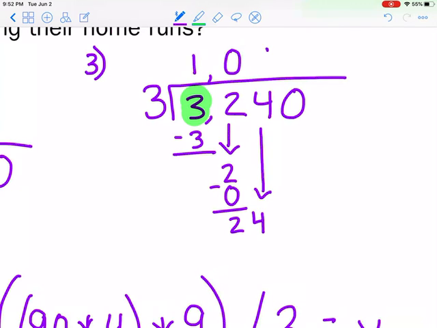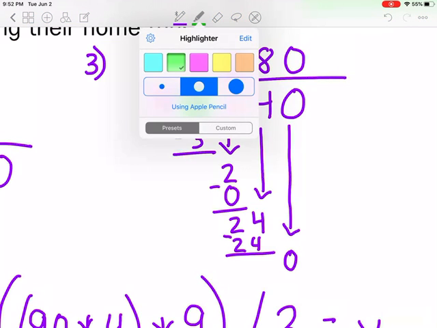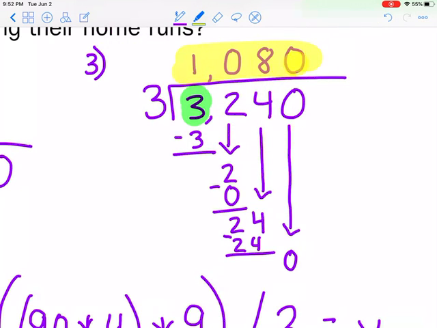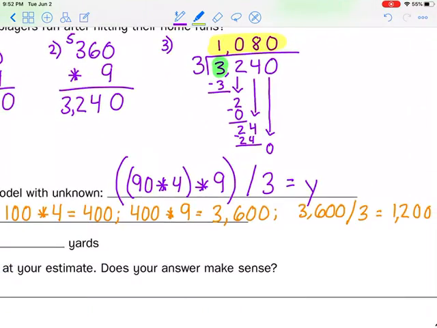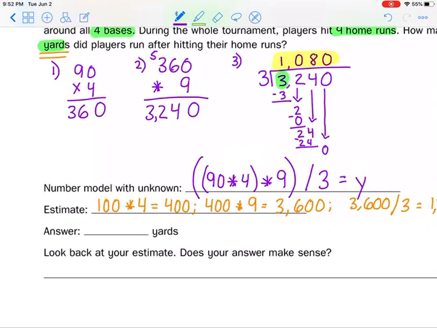24 is a multiple of 3 because 8 times 3 is 24. And then I'd bring down the 0 again. And 3 times 0 is 0. So my answer is 1,080. So the team ran 1,080 yards.